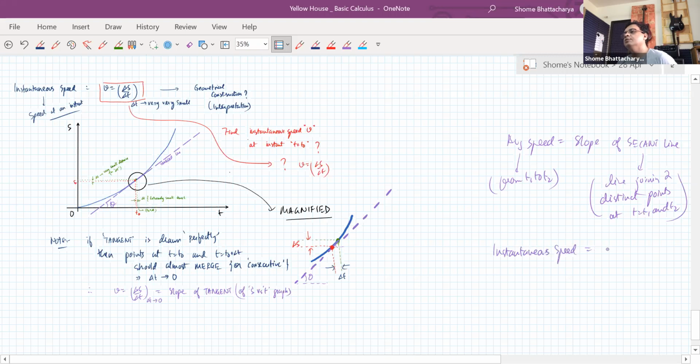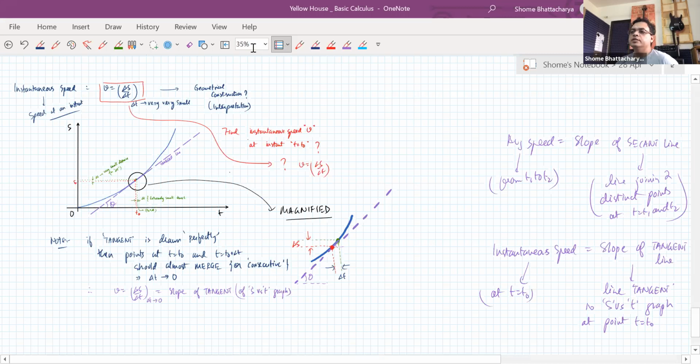that becomes what? That becomes the slope of the tangent line. So that is the line tangent to this S versus T graph at the point T equal to T naught. Okay, so this is the instantaneous speed at the instant T equal to T naught.